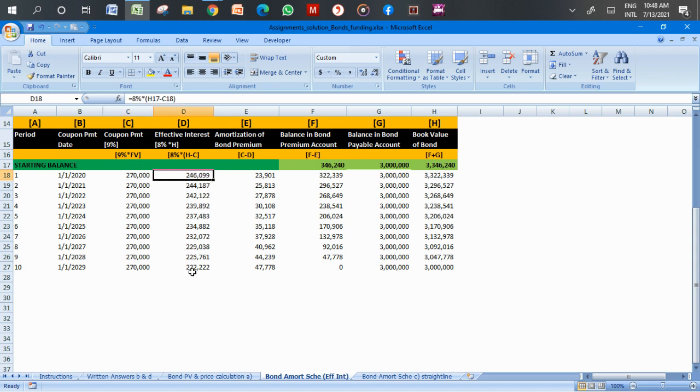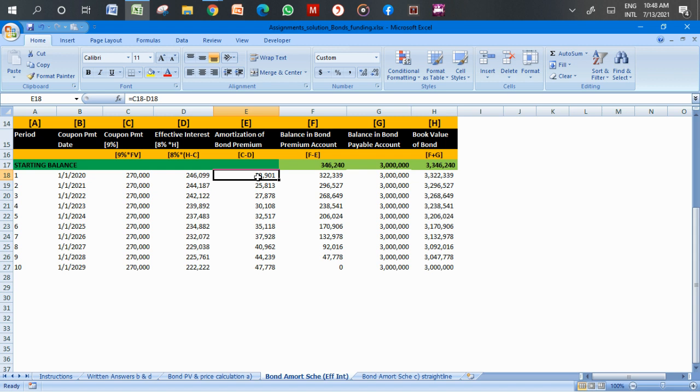You can break down up to 10 years. Then what about the amortization of the bond premium? The bond premium is going to be amortized by the difference between the effective interest that is going to be charged to the income statement and the coupon payments. As you can see, the coupon payment is more than the effective interest. So the difference between the two is going to be used to amortize the bond premium.